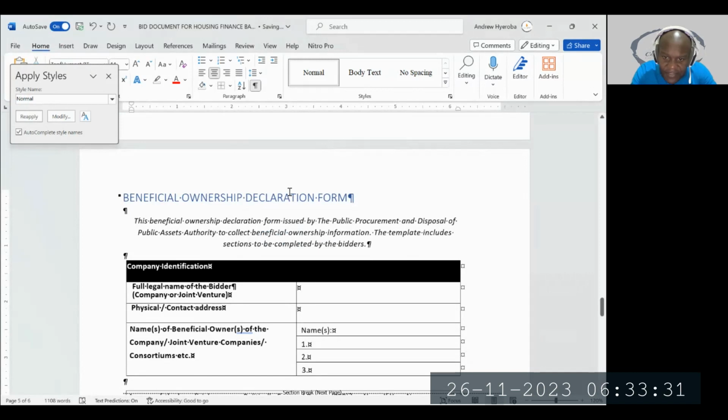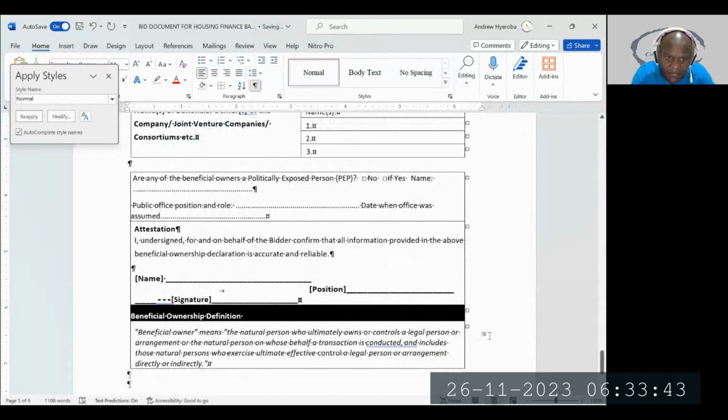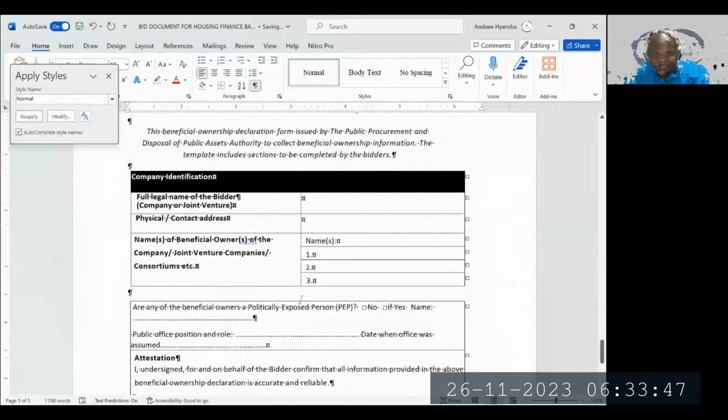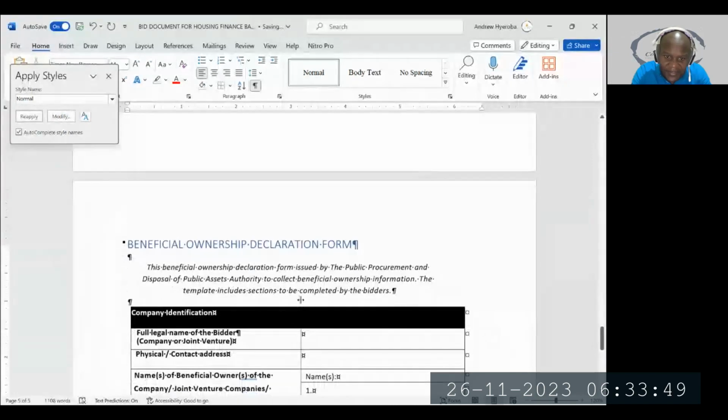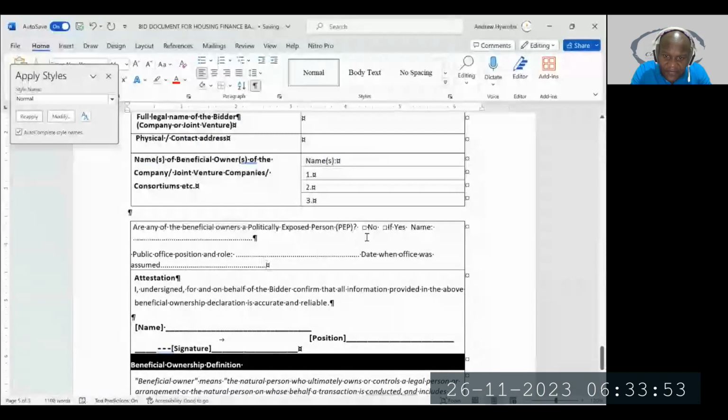This form is issued by PPDA to collect beneficial ownership information. Now here you'll fill in your details. I'm not filling in for the company you're working with, again for privacy reasons, but here is where we fill in the details and we capture. Are the beneficiaries exposed?